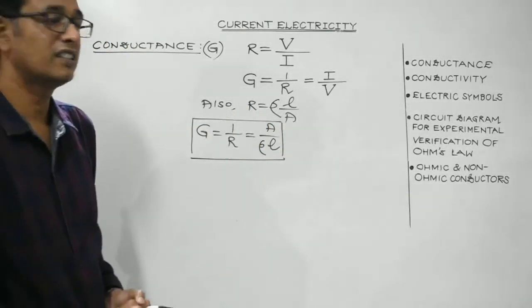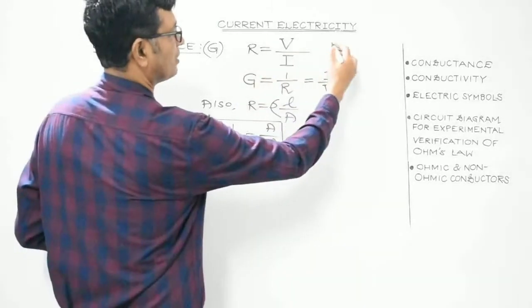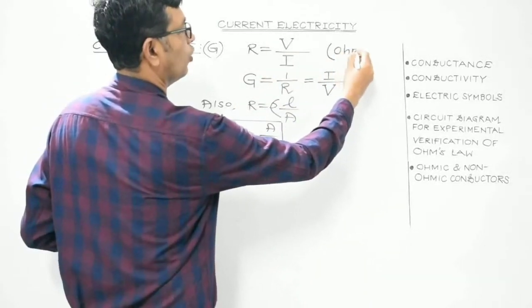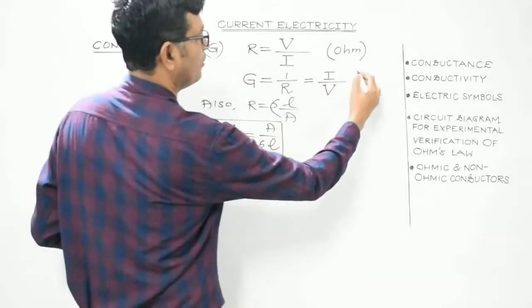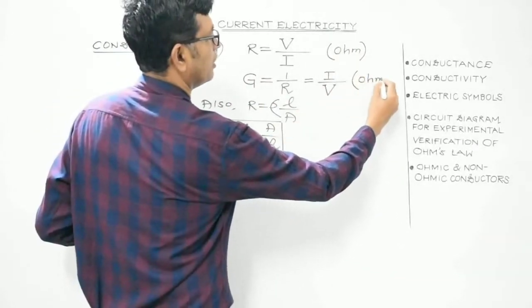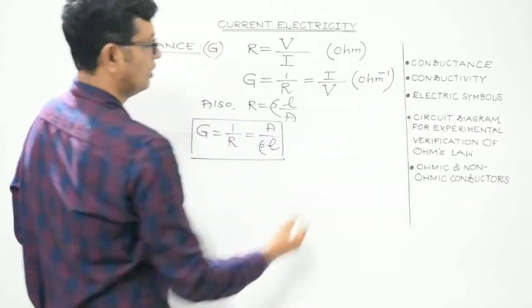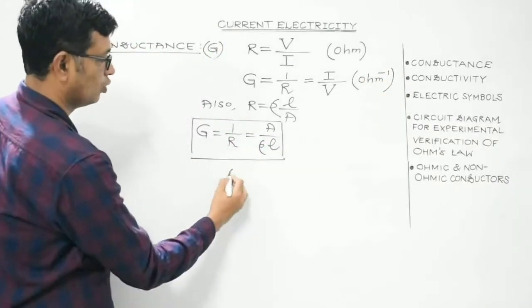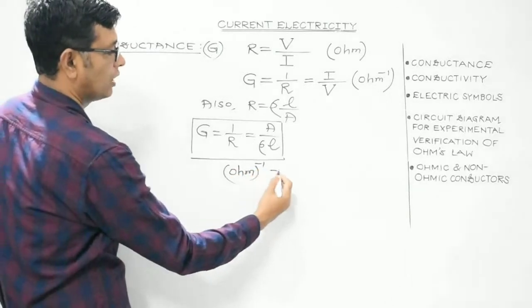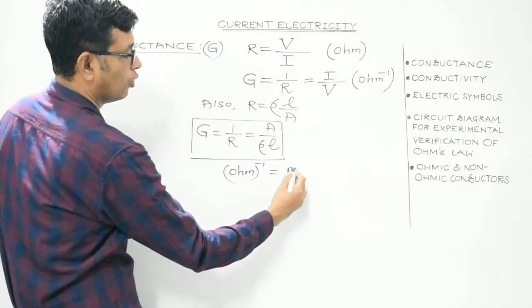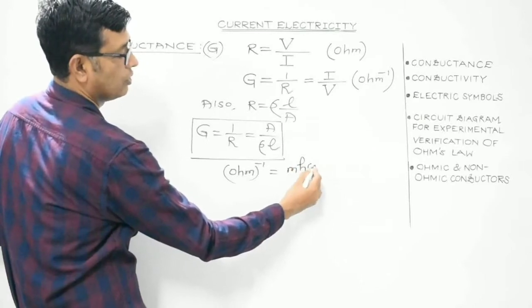Now students, regarding its SI unit. SI unit of resistance is, we are aware, ohm. So the unit of conductance would be ohm inverse. Ohm inverse may also be known as mho, M-H-O.